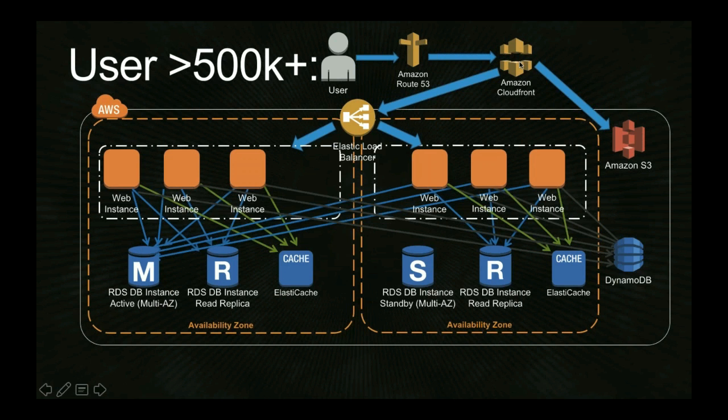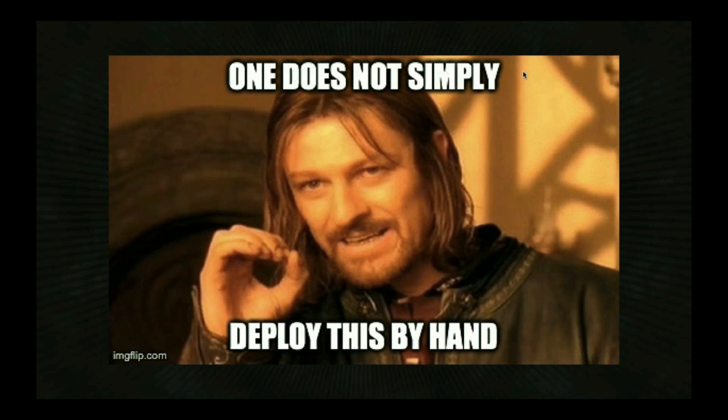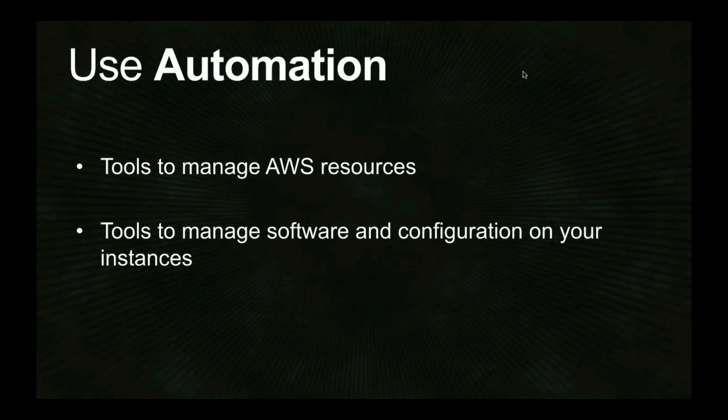And everything is accelerated by CloudFront CDN distribution. And you have caching in multiple layers. Elastic Cache and DynamoDB act as session cache, and CloudFront is caching all of the requests, both the static and dynamic ones. However, one does not simply deploy that kind of a system by hand. So you should use automation.